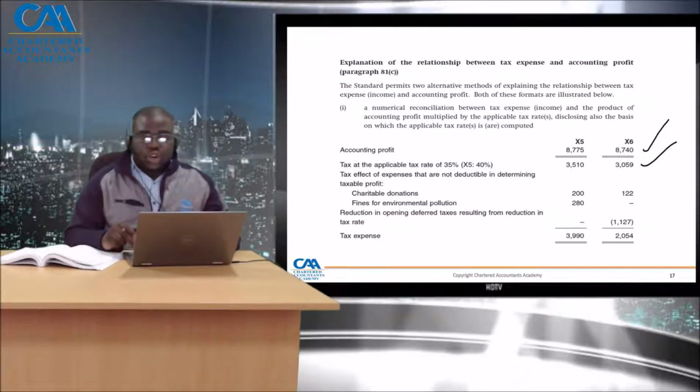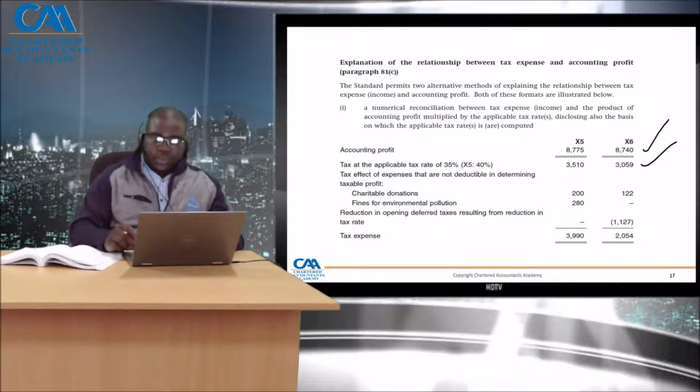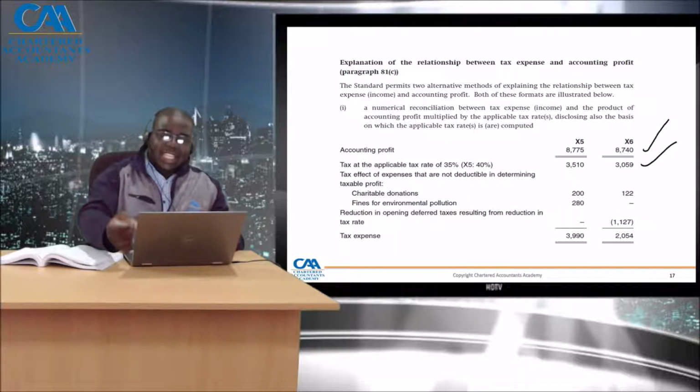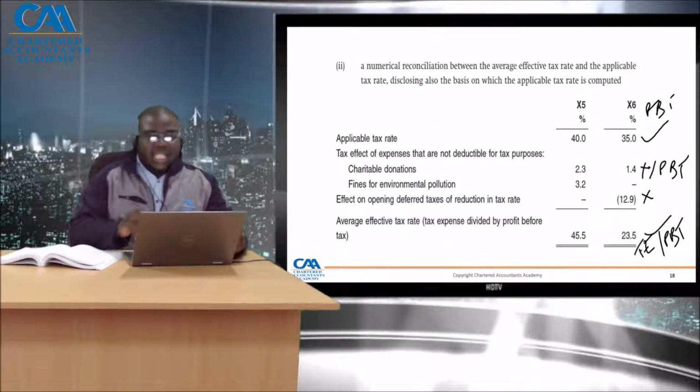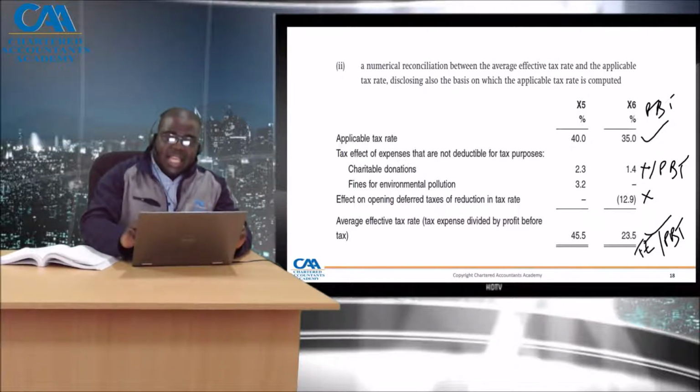You can also show it in rates. So you can agree that if I take this amount, put it over the profit before tax, that will give me the same percentage. So for each and every element, that's the reconciling item over the profit before tax.